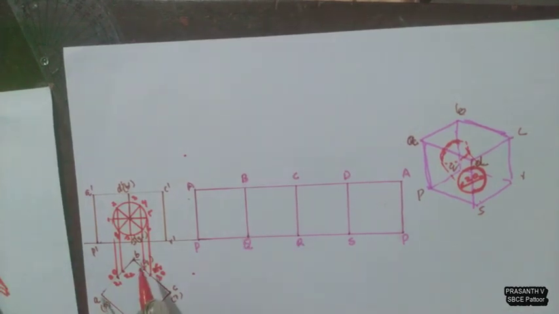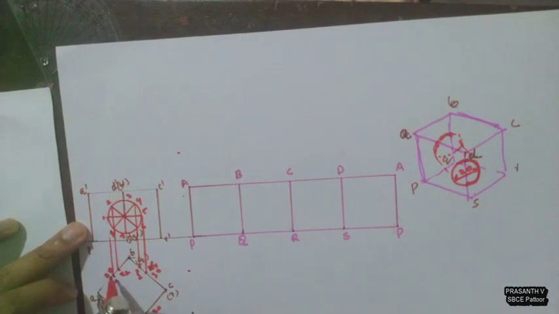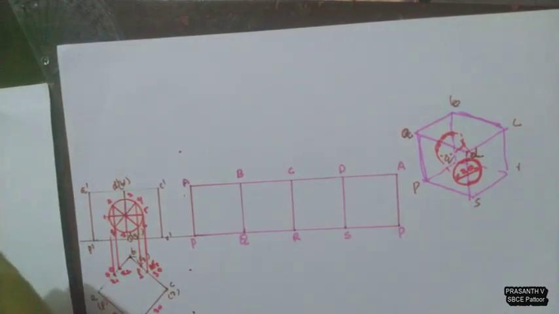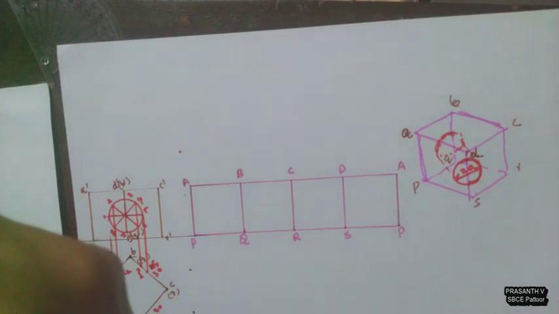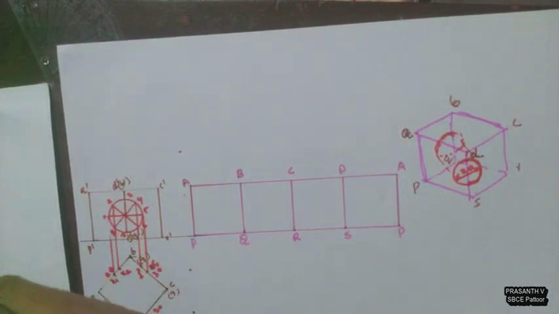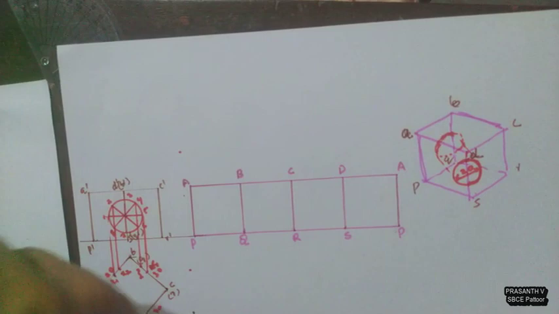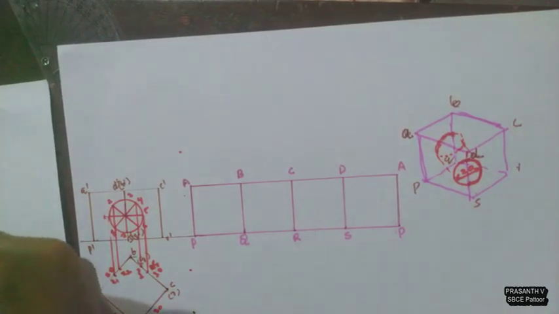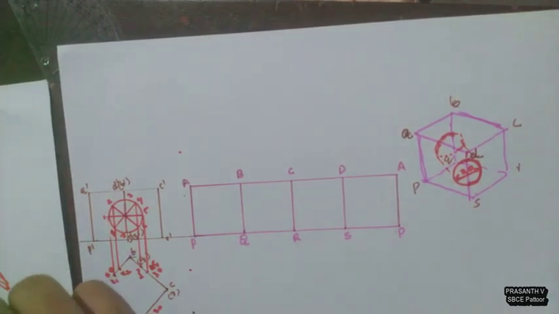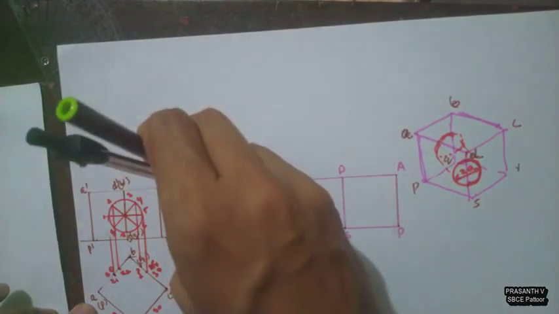Now take distance from A to x1. Just take distance A to x1, and from A you mark it here.